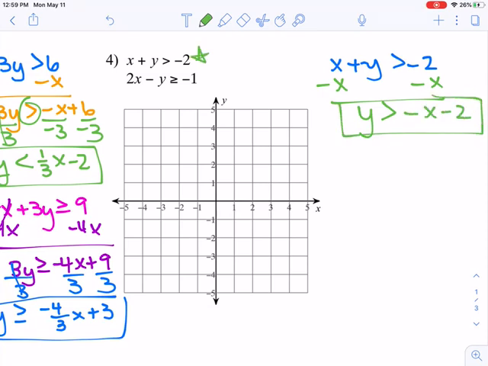So I can go ahead and go down to negative 2 on the y-axis and travel my slope of negative 1, down 1 over 1, down 1 over 1. Now this guy is going to be a dotted line because it's just greater than. And greater than is above, so I'm going to write above the green line.